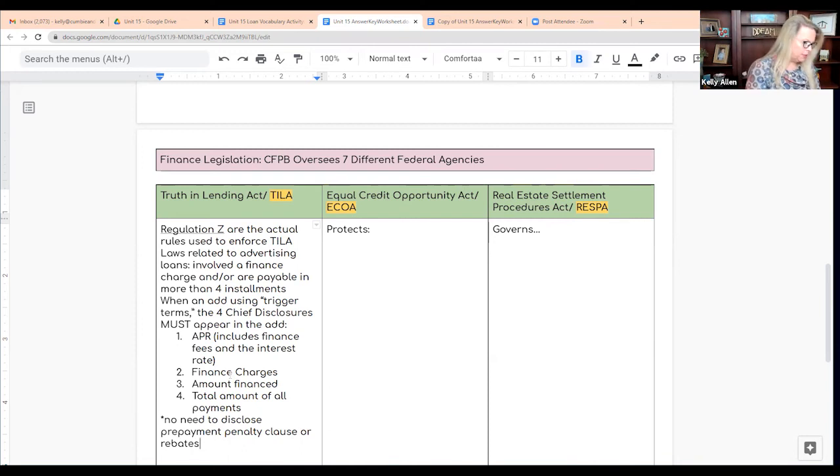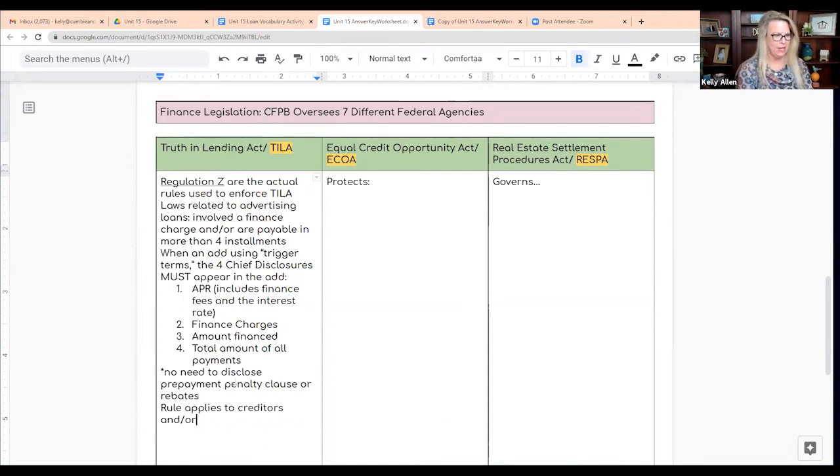Okay, very good. What else does it tell us? This rule applies to creditors and/or, look at this language, arrangers of credit. That's just another term for, I put down that it's synonymous with a loan originator, but arrangers of credit, never heard of that.